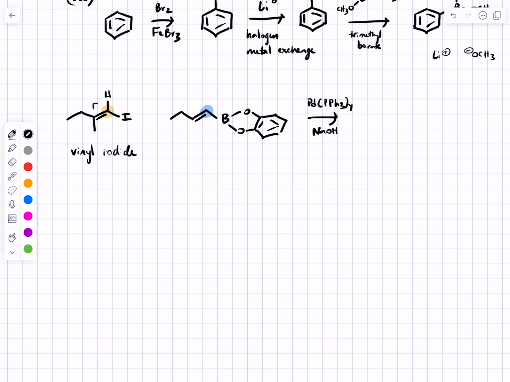Again, stereochemistry of the vinyl carbons is going to be preserved in the product. And this makes the following bond, which I'm going to illustrate in red, between the orange and the blue carbons.